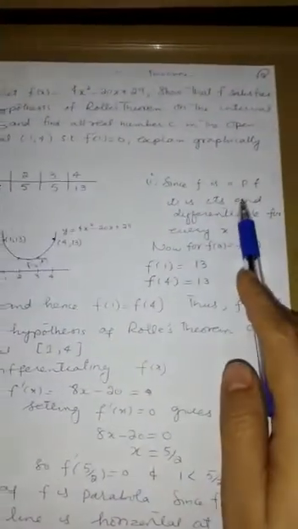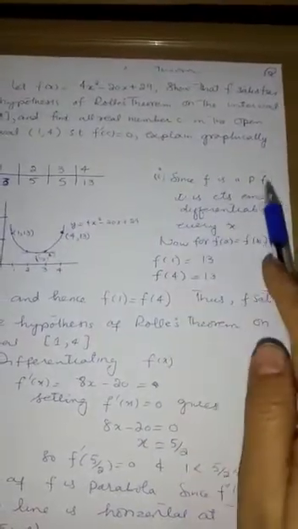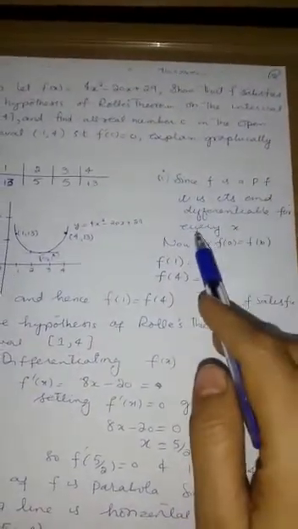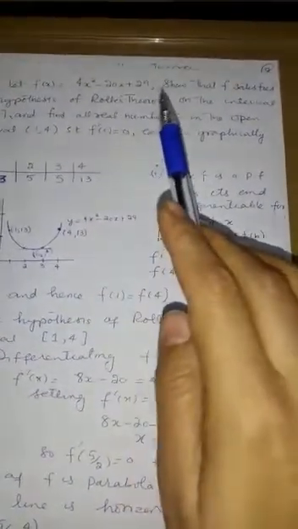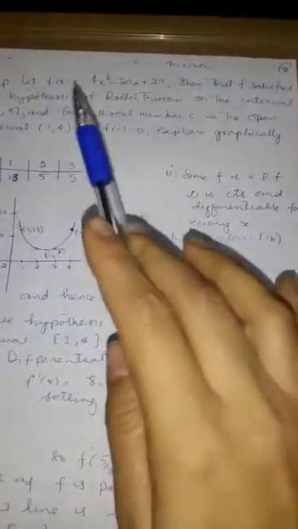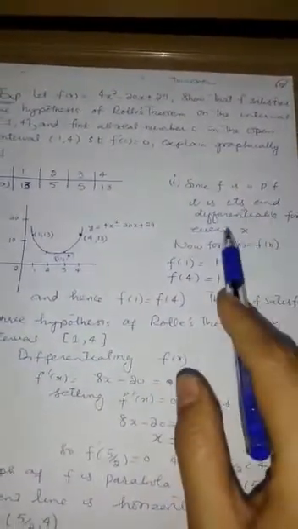Now for the hypothesis of Rolle's theorem, f must be continuous and differentiable. Since this function is a polynomial, and a polynomial function is always continuous, it is also differentiable on the given interval.